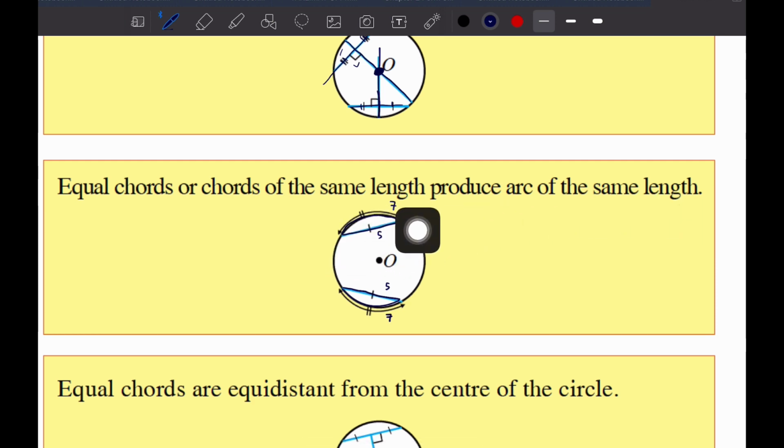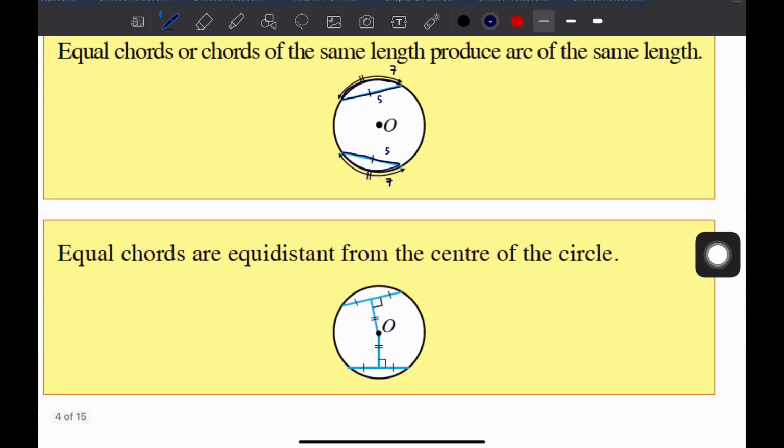If you have another chord with equal length of 5, it will also produce an arc with length of 7. Itu maksud dia.